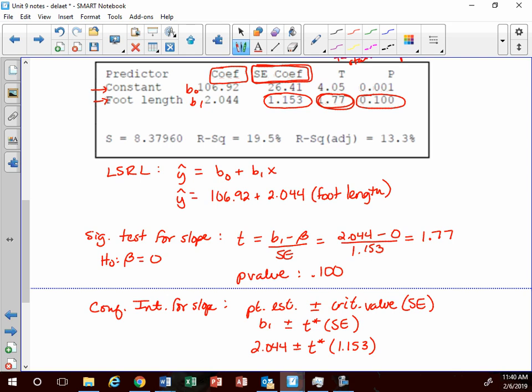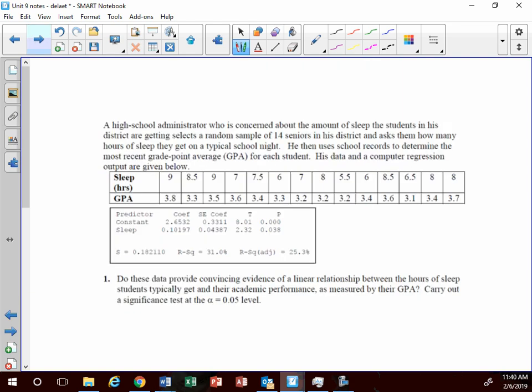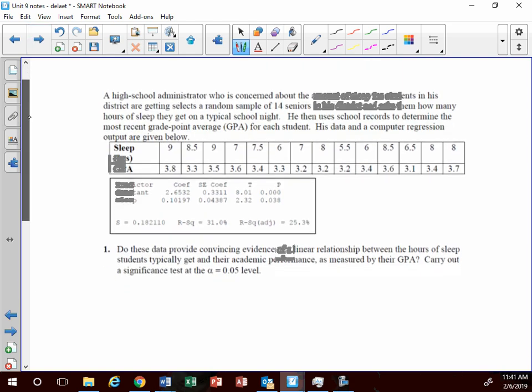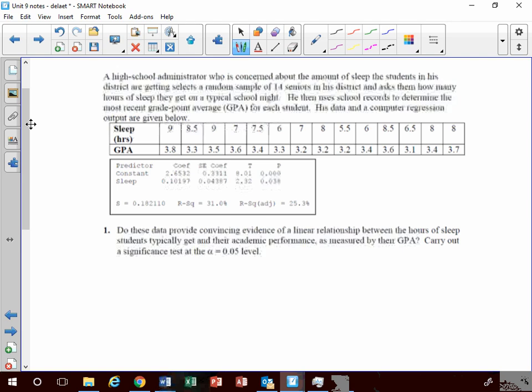All right, guys, turn the page if you don't have any more questions on that one. All right, so we have sleep and GPA. Okay, guys, so what I want you to try to do, I want to give you a minute to do one.